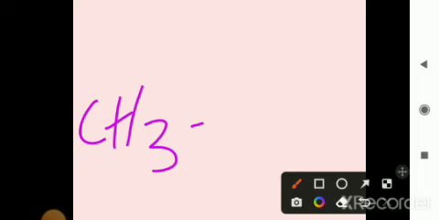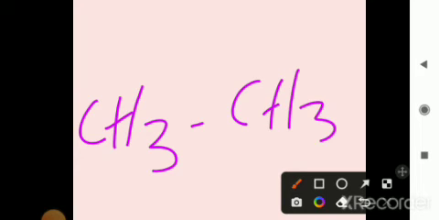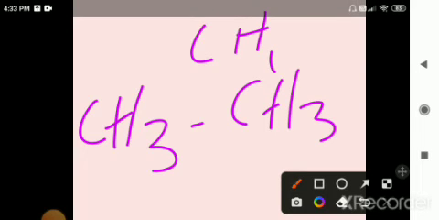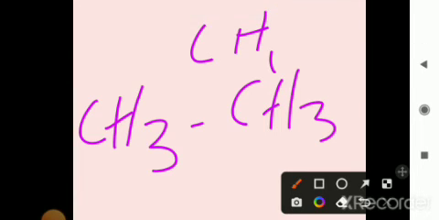Now we are going to see the next example. Let us take one example like this, with CH3 and another CH3. If something is like this, what are you going to name it as?